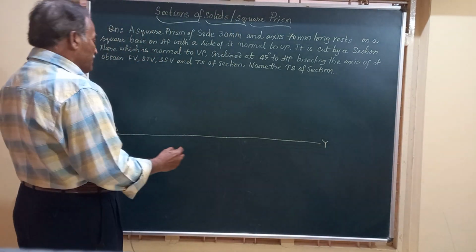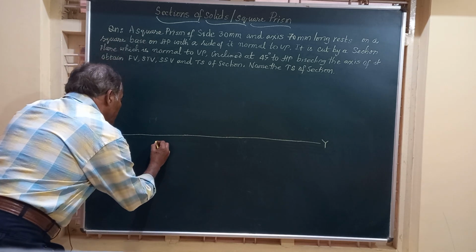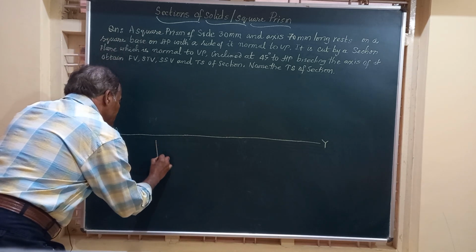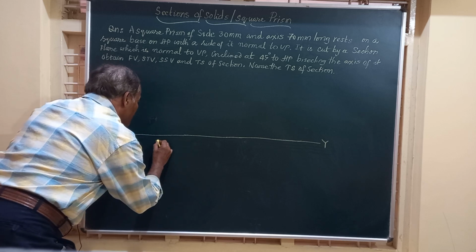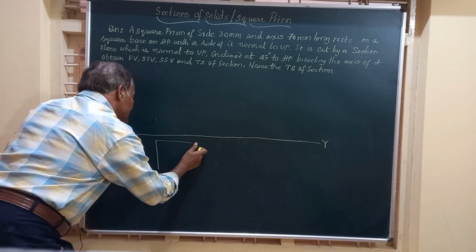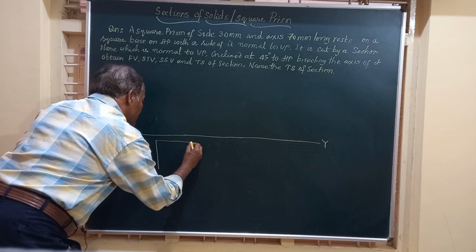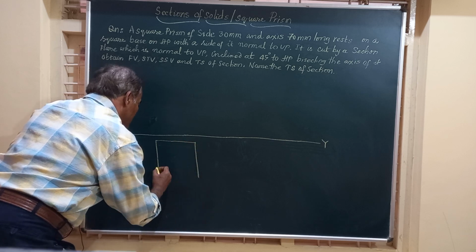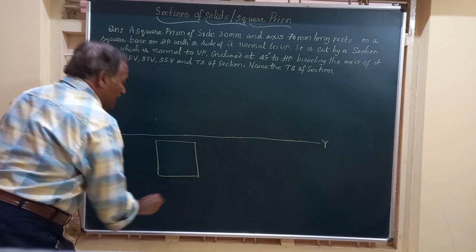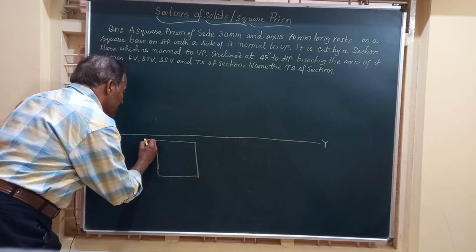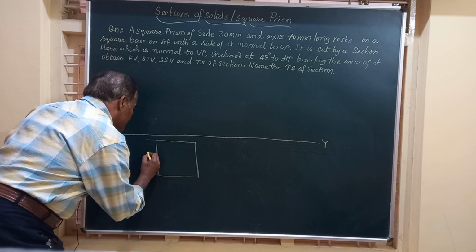Here friends, I am going to write down the top view of the prism, which is a square of the given side of 30 mm. So let me write down a square of the given side, and friends, this is a square of 30 mm side.